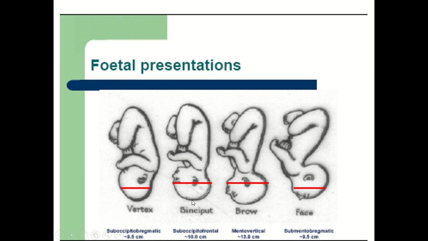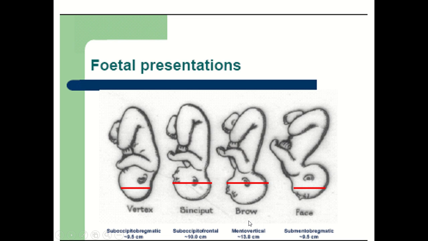Okay, when the presentation is sinciput, the presenting diameter is suboccipito-frontal, just beneath the occiput to the frontal bone. Okay, and it's around 10.0 centimeters.